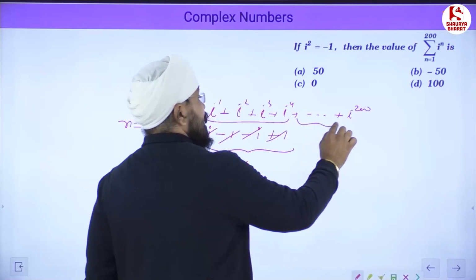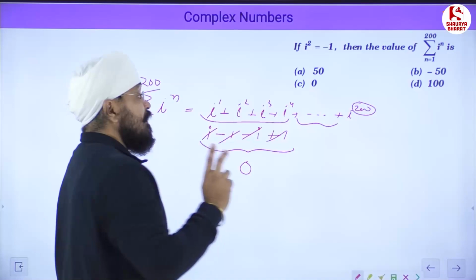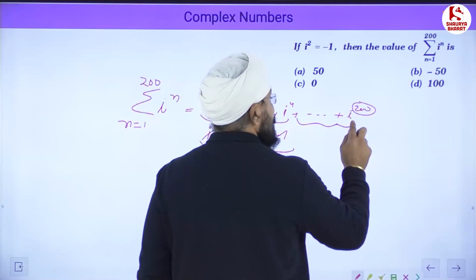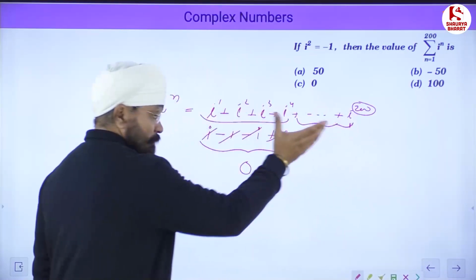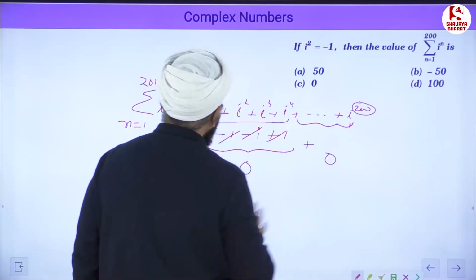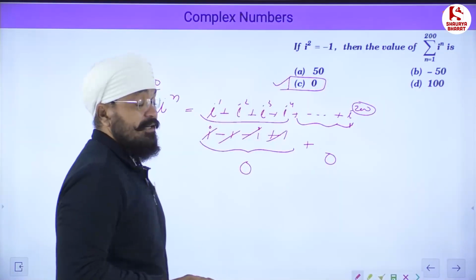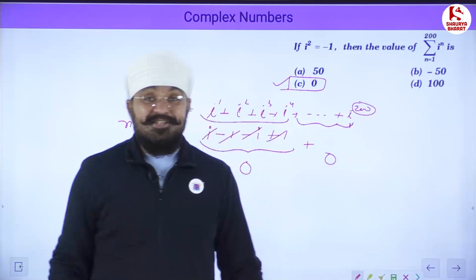That means for the next again 4. Since 200 is a multiple of 4, it will also come into the last member of the last group of 4. So the result is definitely coming 0. So for these type of questions we can directly go for the answer 0.